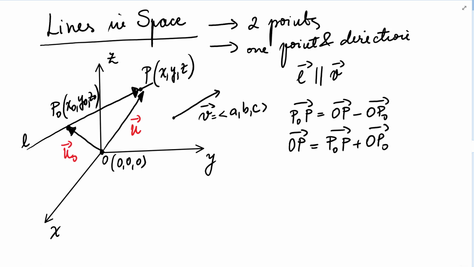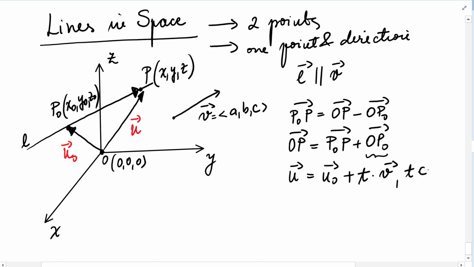We can say that vector u is equal to the vector u naught plus P naught P, which is actually the vector of line L. But because it's parallel to V, I'm going to say some constant t times vector V, where t is a real number, between negative infinity and positive infinity.